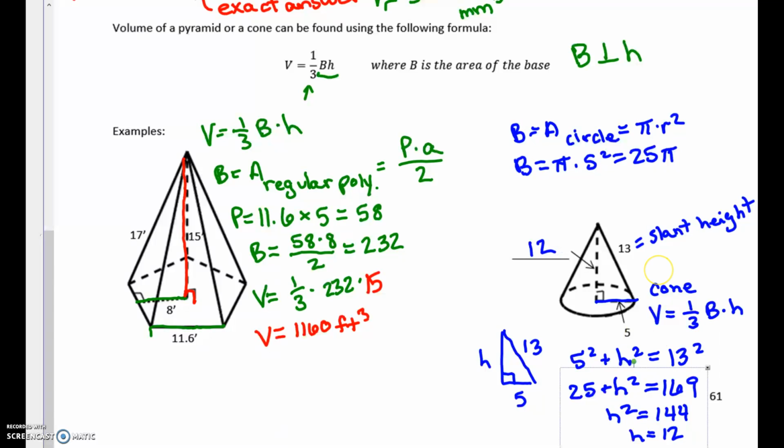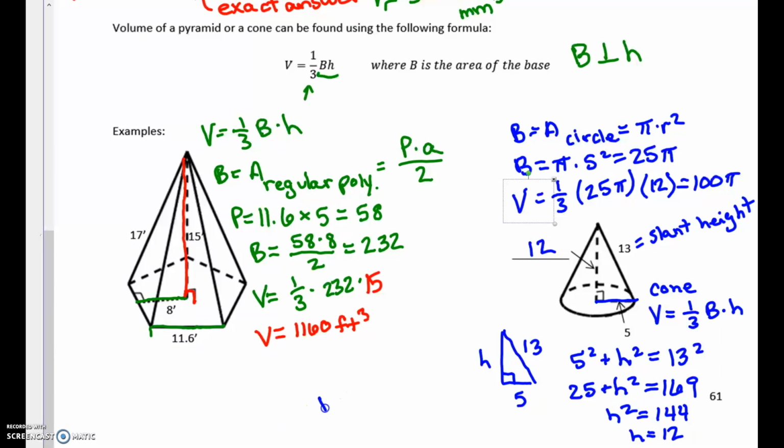So now I can plug into my volume formula because I've got everything I need. Volume equals 1/3. We found capital B was 25 pi. And we found that the height here was 12. When I work that out, 1/3 times 12 is 4. 4 times 25 is 100. I get 100 pi. That's my exact answer, right?